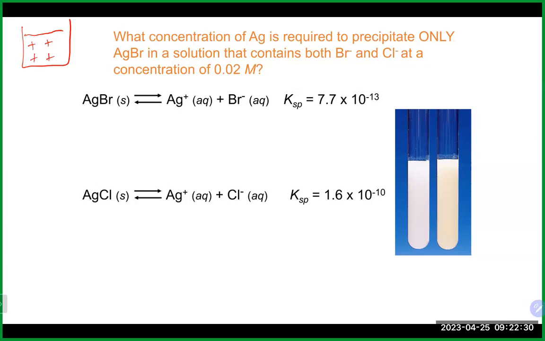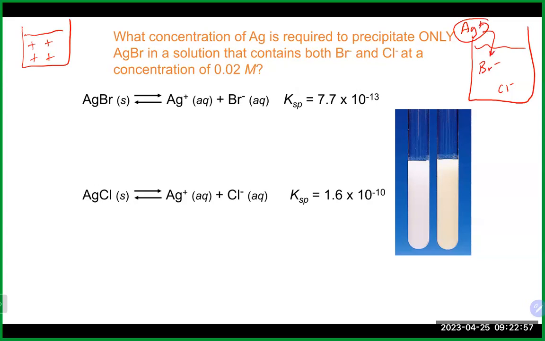Why not just add something where everybody comes out together and it's all good? One reason is if we had a solution, like in this problem, that contained bromide ions and chloride ions floating around, you could add something that contains silver to this.